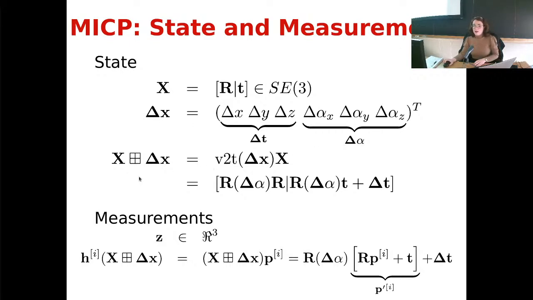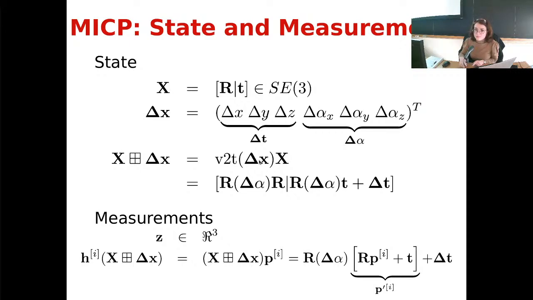Now, as far as the box plus operator is concerned, it is convenient to use the vector to transform function applied to delta x, because the vector to transform function applied to delta x returns a transformation matrix which is equal to the identity when delta x is equal to 0. And this is the fundamental property that you need to check when you choose a box plus.